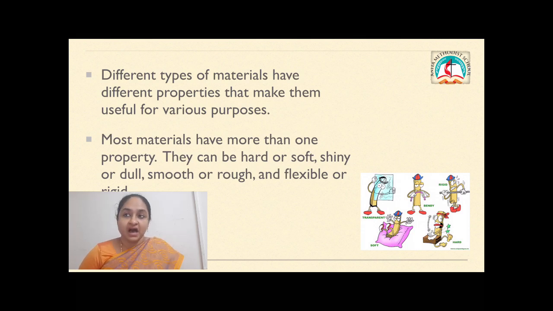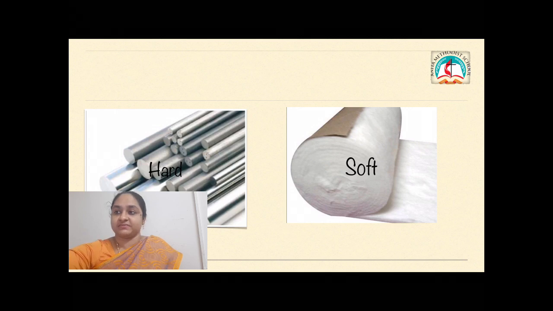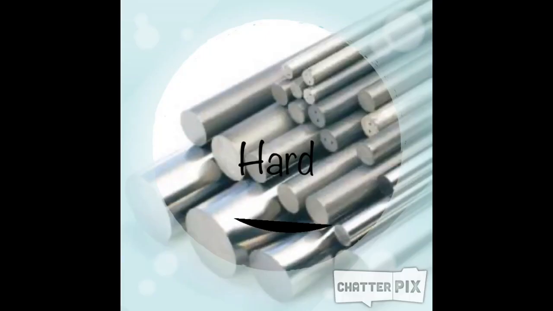They can be hard or soft, shiny or dull, smooth or rough, and flexible or rigid. Materials which cannot be easily compressed, cut, bent, or scratched are called hard materials. Example: brick, bone, and steel.